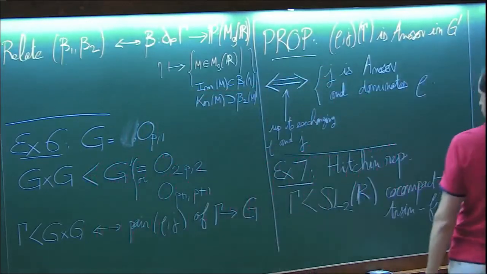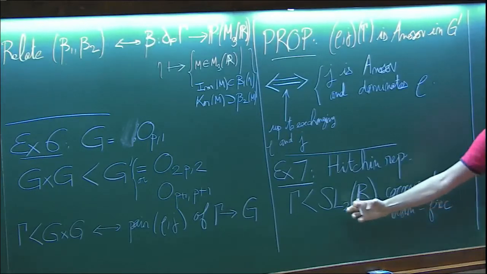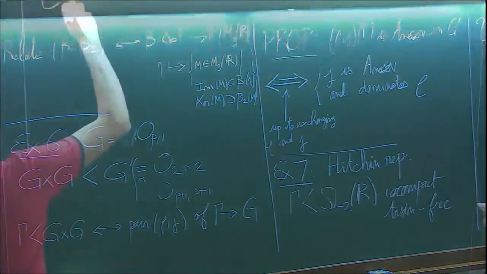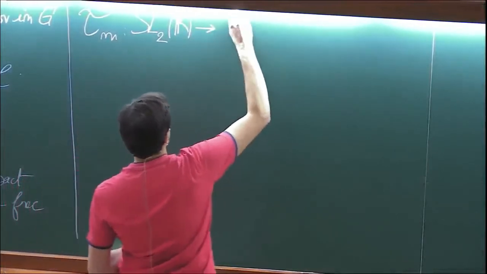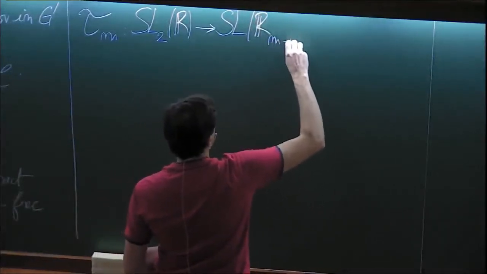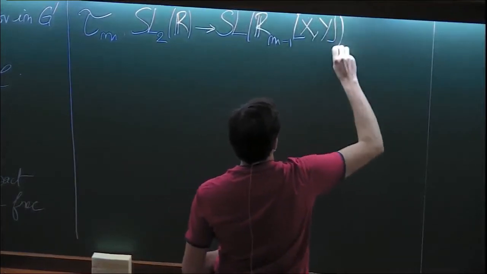And I want to deform gamma into SL(m,R) for m bigger than 3. And for this, I need to put first this gamma in SL(m,R), and this will be by an embedding of SL2(R) in SL(m), I denote tau m, which is the action of SL2(R) on homogeneous polynomials of degree m-1 in two variables x and y.